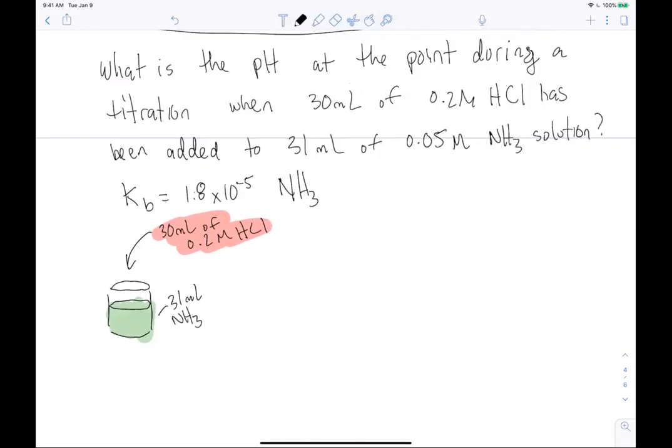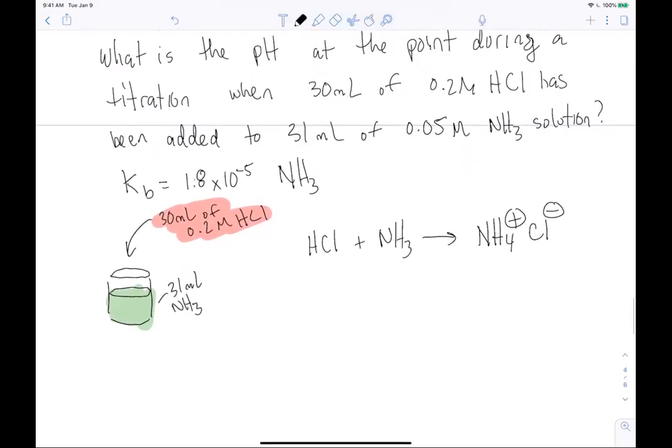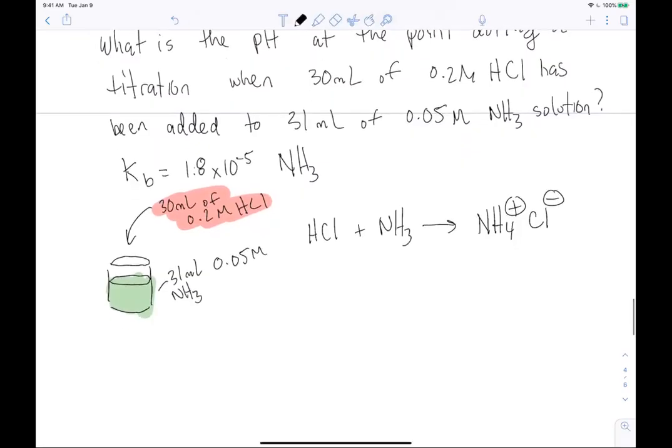So what's the pH? You start out just the same way that we did the last one. You say, okay, I've got a neutralization problem. In this problem, I don't think you're at the equivalence point, which would be essentially complete neutralization.